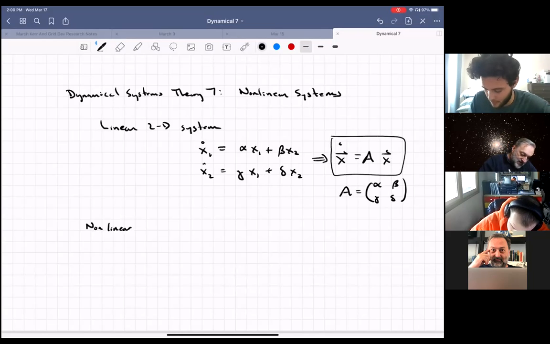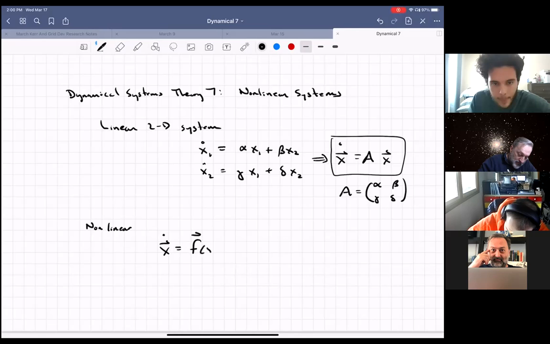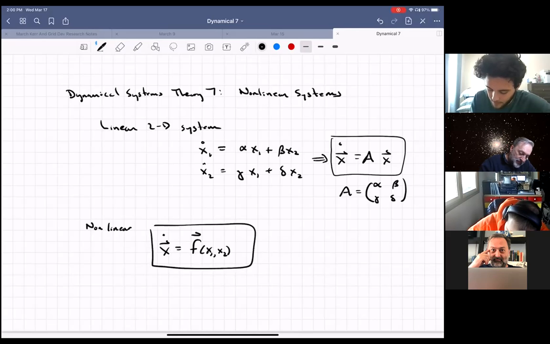So the analogy of this for a nonlinear system is to now say that x vector dot is some function of x1 and x2. This is how we state the problem.